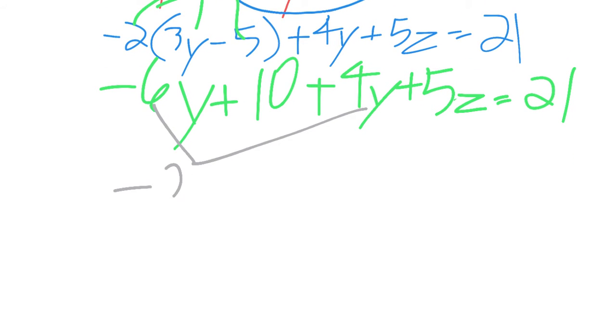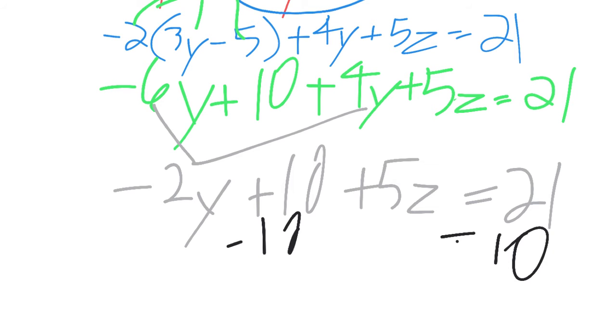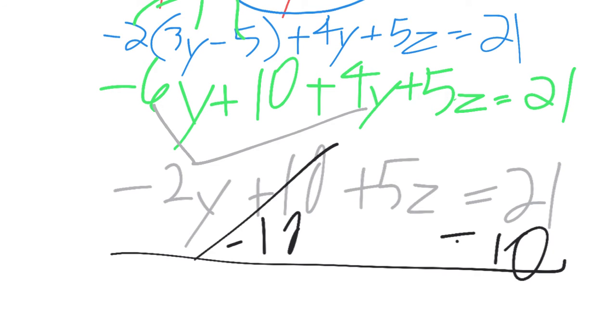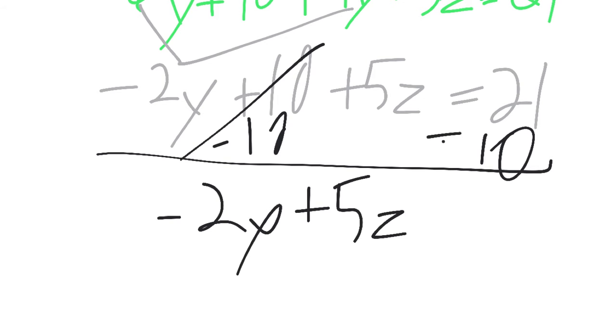And so we have negative 2y plus 10 plus 5z equals 21. And that 10's a constant term. I can get rid of that 10 by subtracting it over to the other side. And so I have negative 2y plus 5z, and that's going to equal 11 because 21 minus 10 is positive 11.